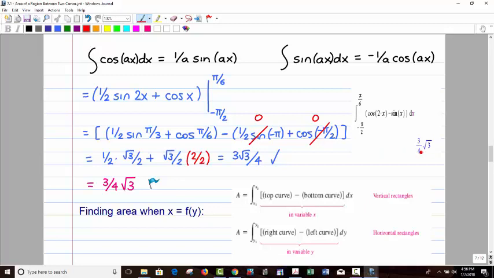Maybe the calculators will start doing that, but at this point in time, in early 2018, the calculators do not do that. But Maple does. So I worked it out manually, and I got the same answer that Maple does. But if you got the decimal equivalent, that's fine, and then you can look at the right multiple choice answer. So it ends up being 3/4 square root of 3.